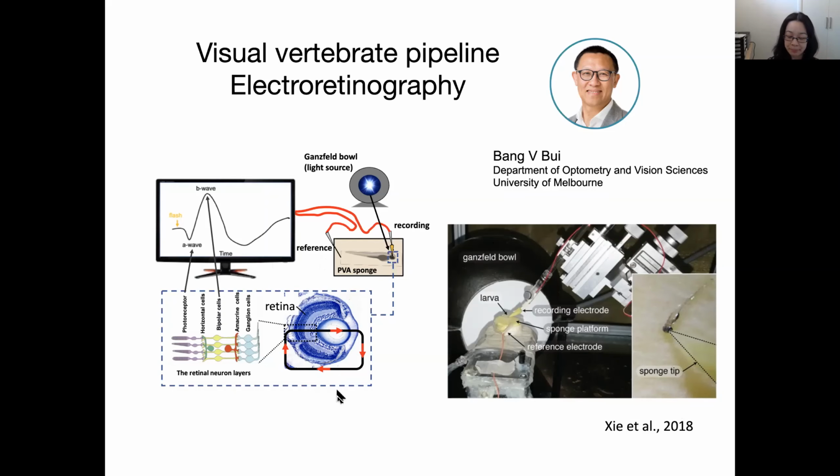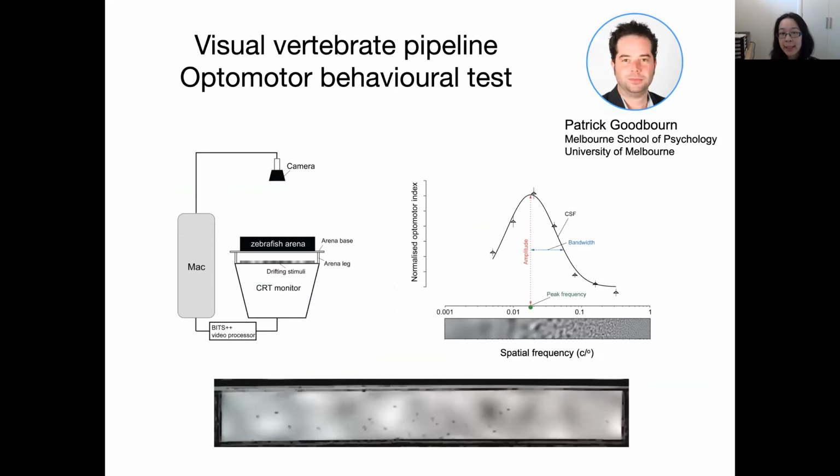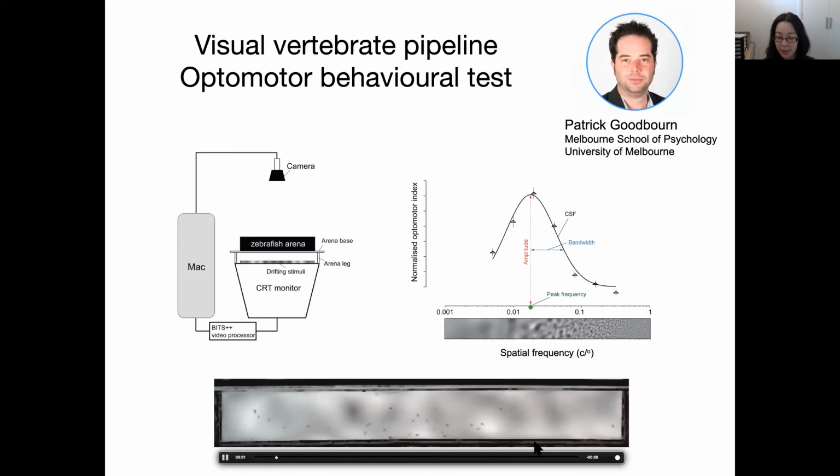And finally, the Optomotor was established with Patrick Goodburn, who approached me with this whole idea, I guess about 5 years ago. And so for this, we have a zebrafish swimming arena with 6 swimming lanes. We put 50 larvae in each, and we show different stimuli. So here's an example where each of these dots is a larva.